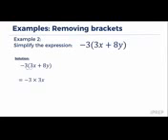Let's do another one. We have -3(3x + 8y). We multiply the -3 by 3x to give us -3 times 3x. We bring our plus sign, and then we do the multiplication for the other term, which is -3 times 8y, and this should give us -3 times 8y.